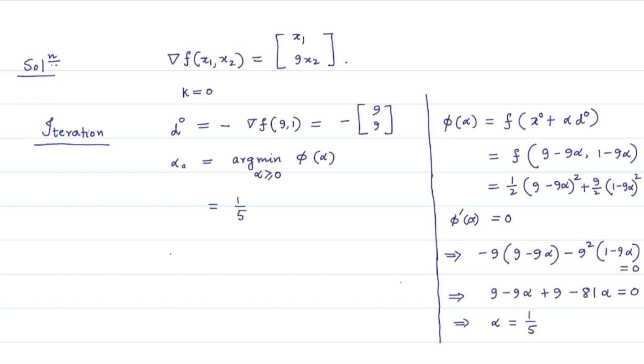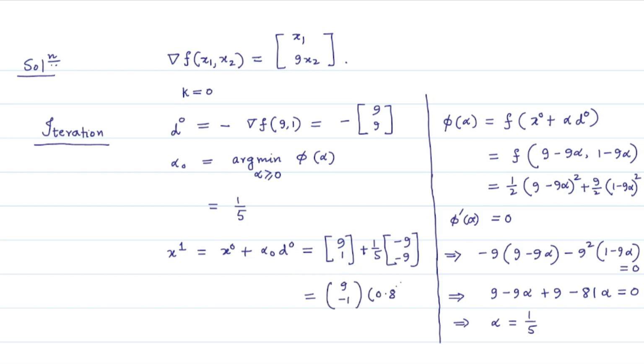So the next iterative point x1 is given by x naught plus alpha naught d naught, which is equal to (9, 1) plus 1 by 5 times (-9, -9), which gives us finally the point 9 times (1, -1) times 0.8.